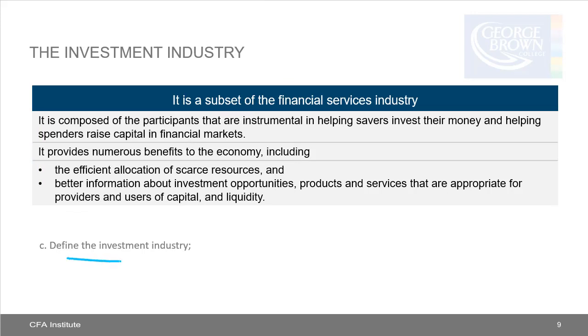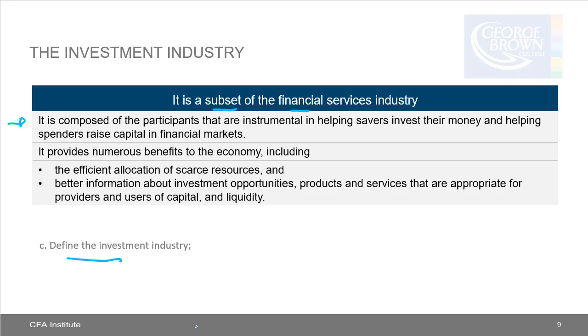Learning outcome C is define the investment industry. So the important thing to understand is that the investment industry is a subset of the financial services industry, okay? And it is composed of the participants that are instrumental in helping savers invest their money and helping spenders raise capital in financial markets.